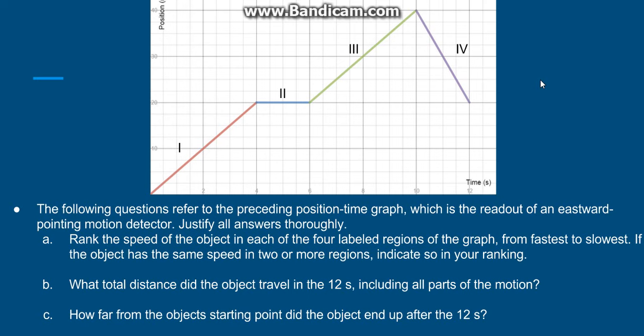Right, so this is a position time graph, so unlike the velocity graph, the y-axis is recording something completely different. This one's asking: rank the speed of the object in each of the 4 labeled regions of the graph, from fastest to slowest. If the object has the same speed in 2 or more regions, indicate so in your ranking.